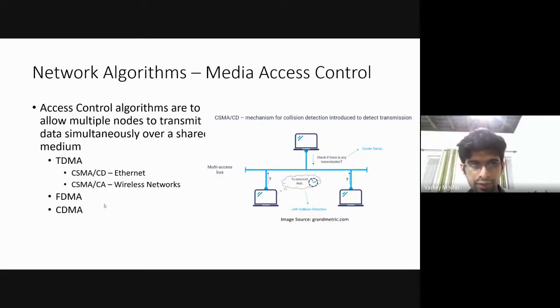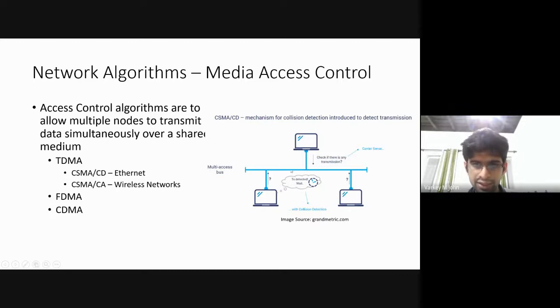And then medium access control: CSMA/CD for Ethernet and CSMA/CA for wireless networks. Then TDMA, FDMA, CDMA, which are time division multiplexing, frequency division, and code division. For medium access control in Ethernet, the device checks if the medium is free.